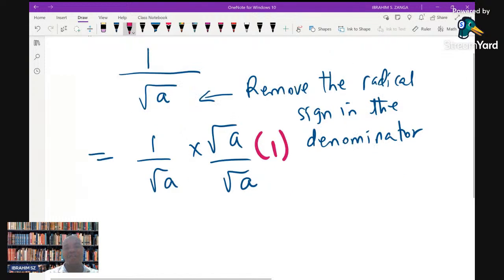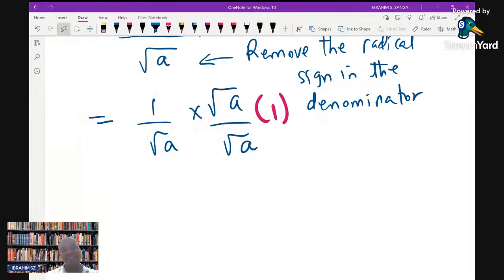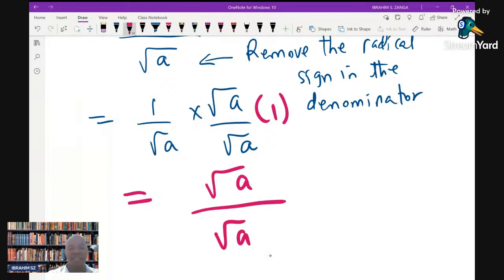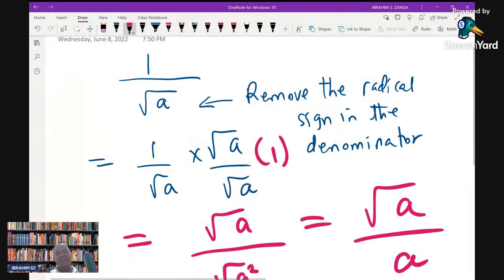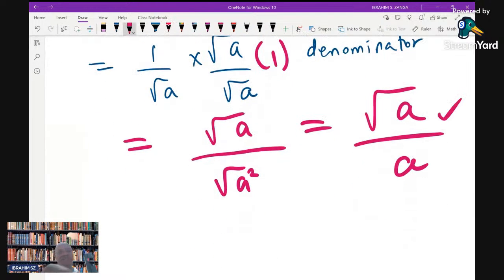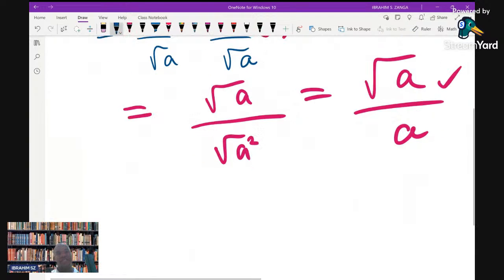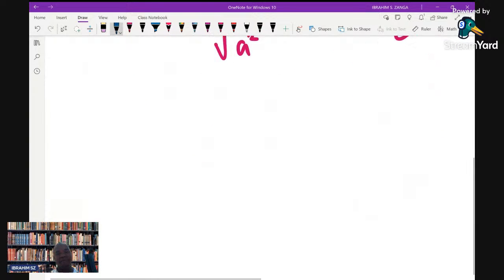But now you can see that it is very easy to remove the radical sign. So in the numerator, you have square root of a, and in the denominator, you have square root of a squared. So eventually, we are going to have square root of a over a. So now you have seen that actually we have managed to rationalize the denominator.